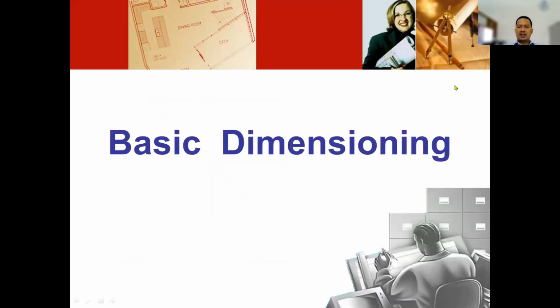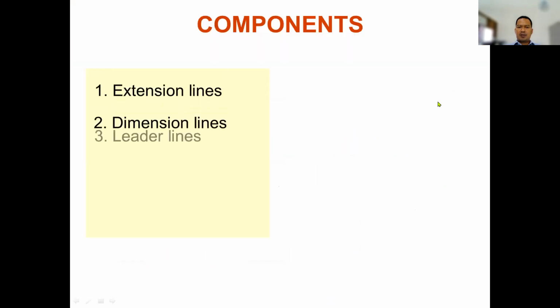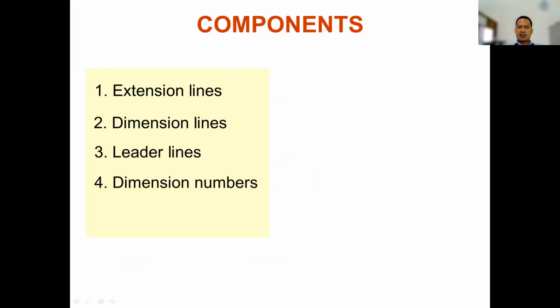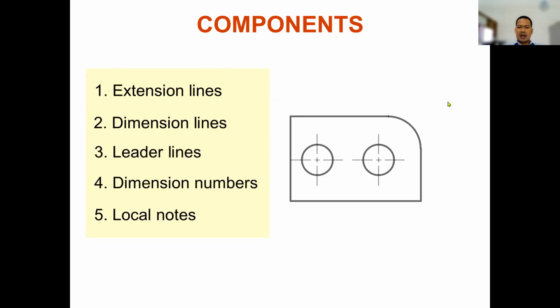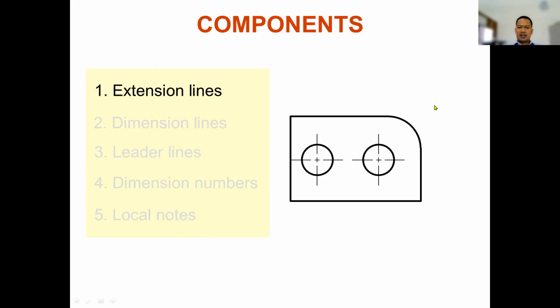And then about the basic dimensioning, you have to know about the components of dimension. Number one is extension lines, dimension line, leader line, dimension numbers, and also local notes.